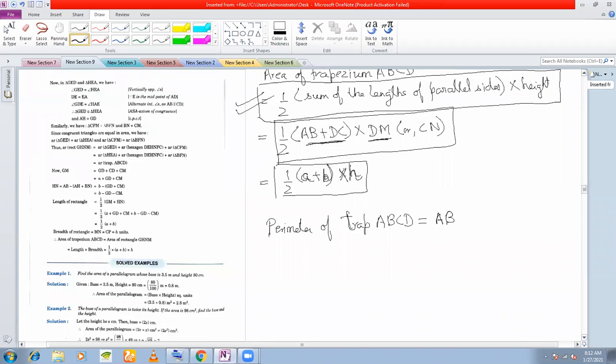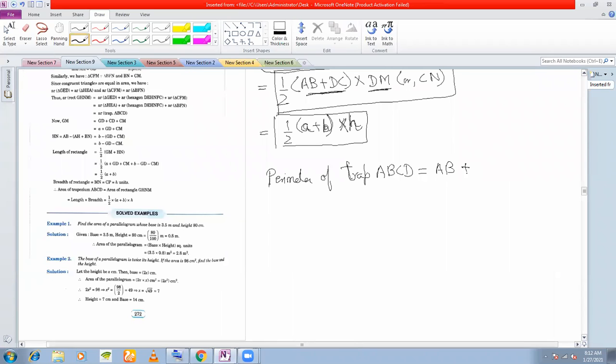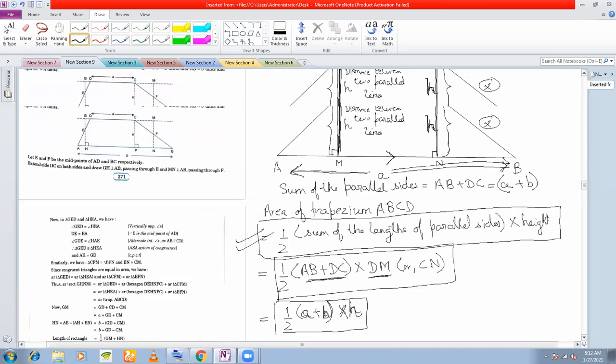You know that the perimeter is the sum of the length of the boundaries, right? So AB is one boundary. This is another boundary, BC. Plus DC is another boundary.